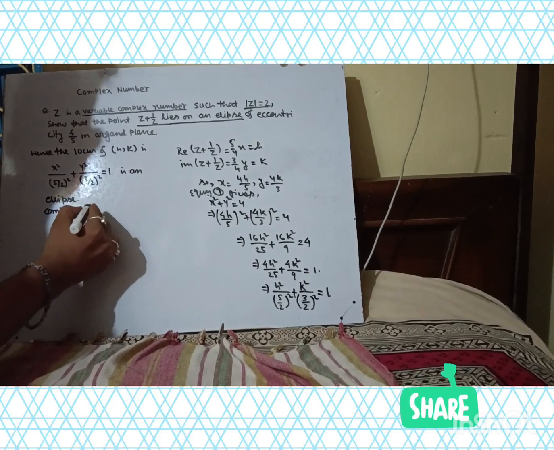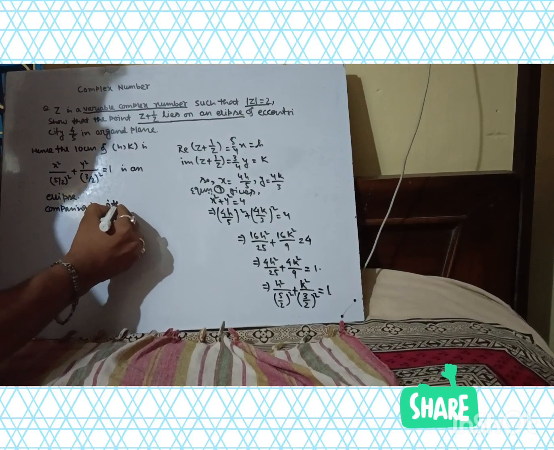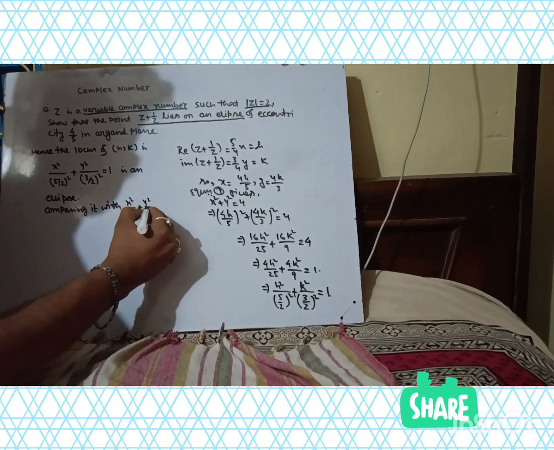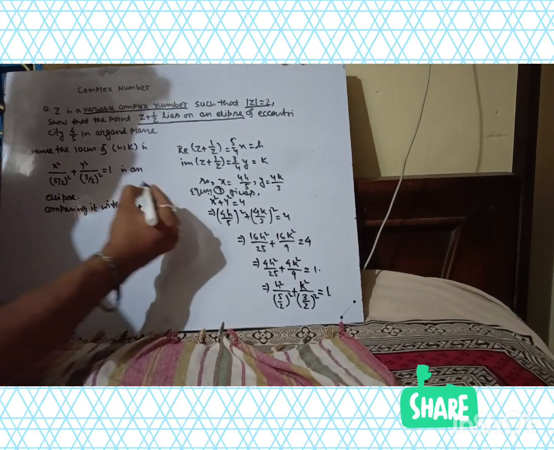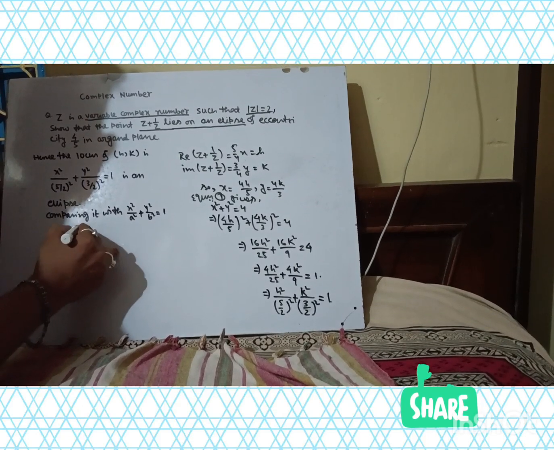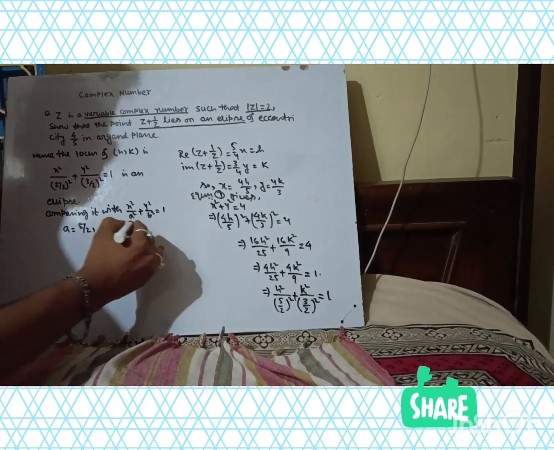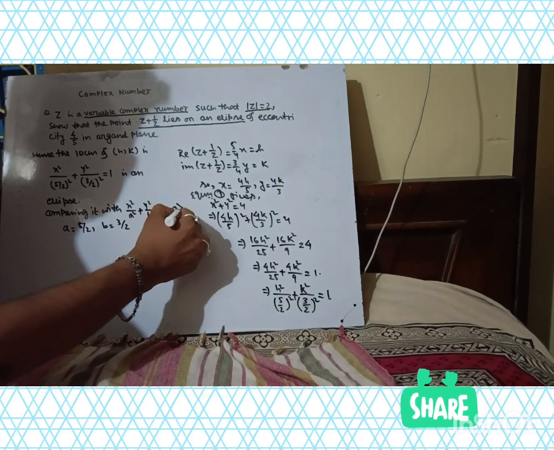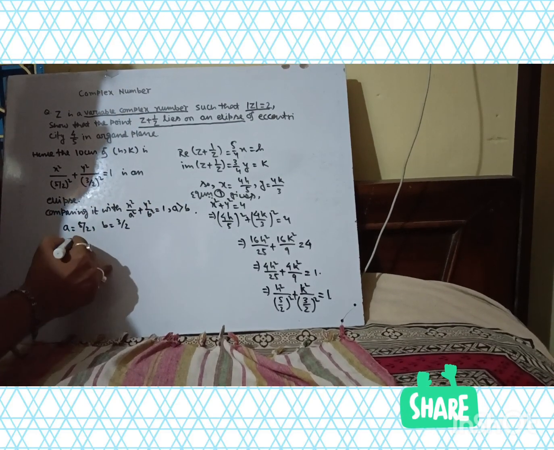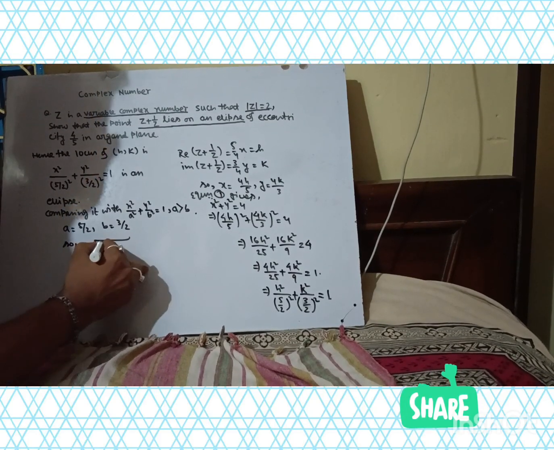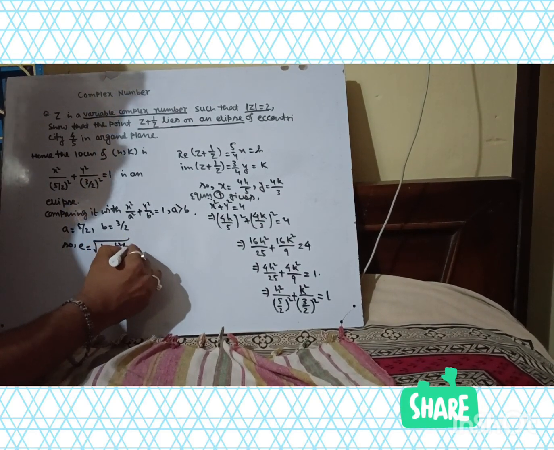Comparing it with x square by a square plus y square by b square is equal to 1, a is equal to 5 by 2, b is equal to 3 by 2. So e is equal to root over 1 minus b square by a square.